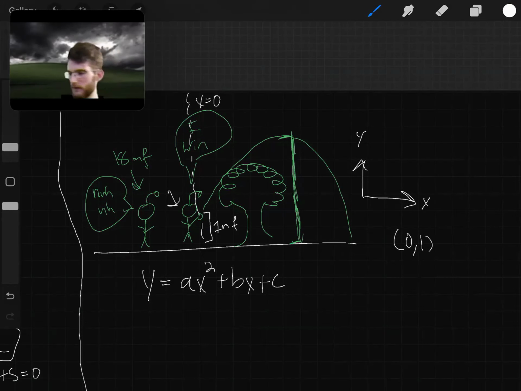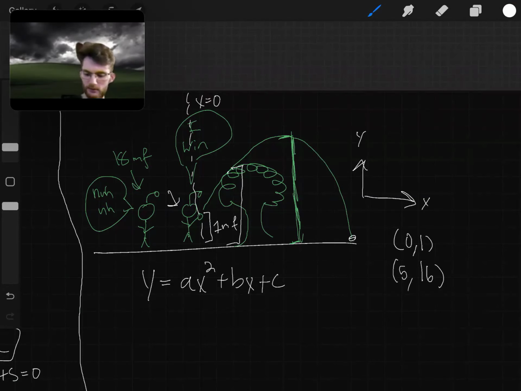Now, 5 merflops away is a Zobarian tree. The ball just got over it along its parabolic path. So it's another data point, 5 merflops away, and they both agree that the tree is 16 merflops tall.